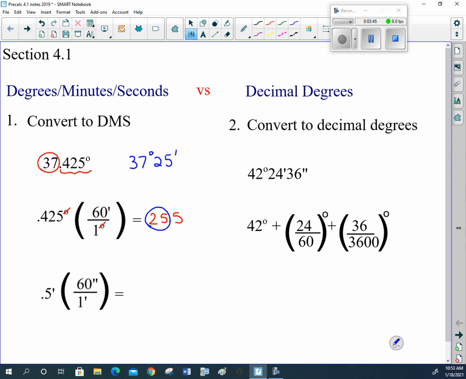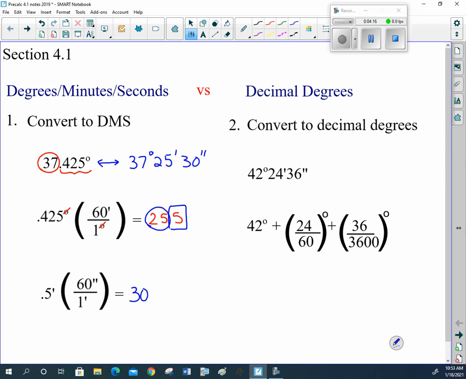And now we take the rest of the decimal, the 0.5, and we multiply it by 60 again. So we take 0.5 times 60, and we end up with 30. So that's our second part. Okay, so 37 degrees, 25 minutes, and 30 seconds. That's what 37.425 degrees is equivalent to in degrees, minutes, and seconds.